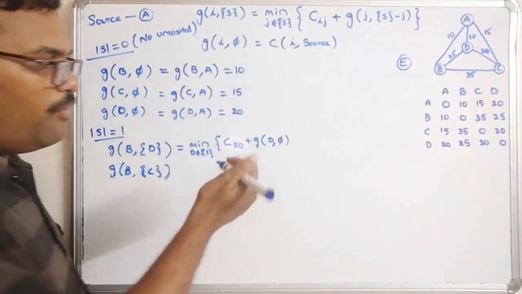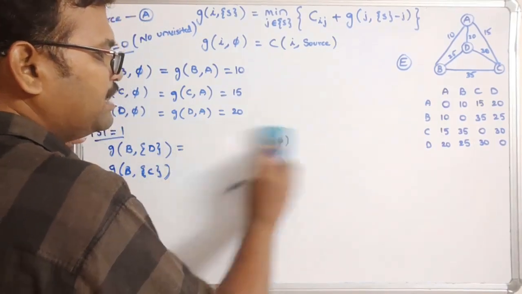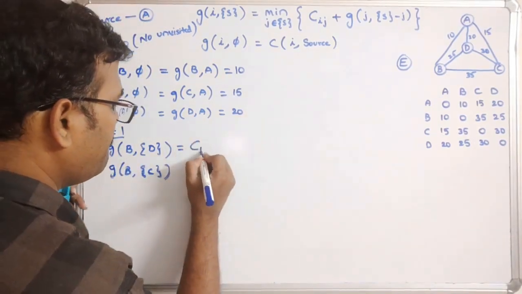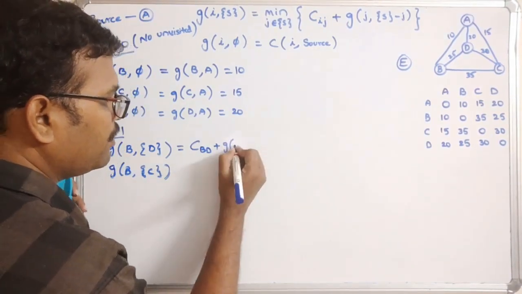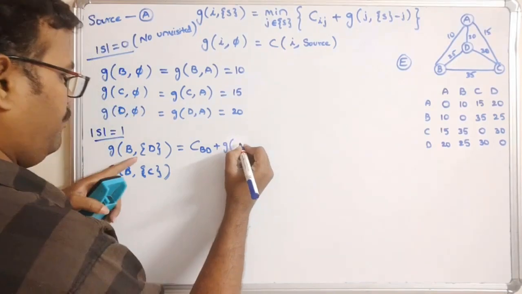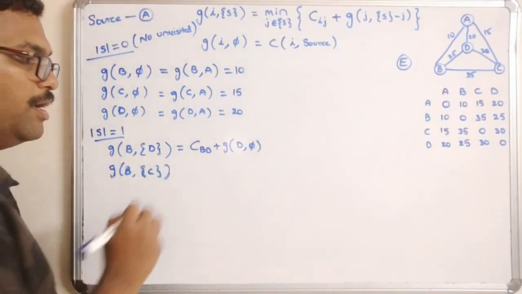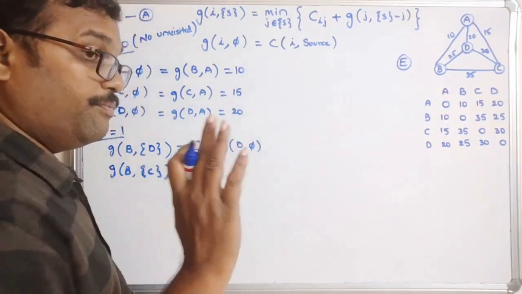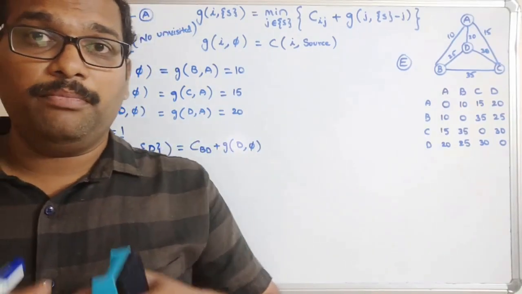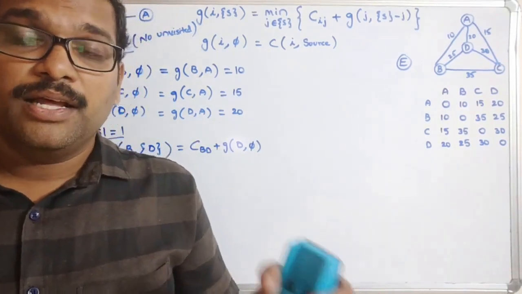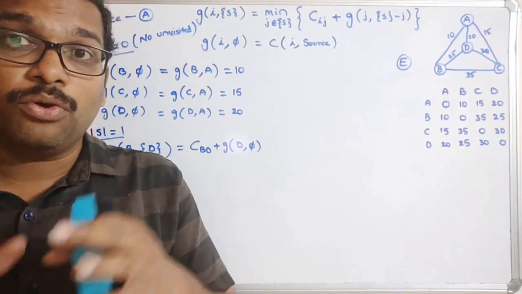So here we are having only one thing, so we can simply write it as cost of edge BD plus G of D comma phi. Okay, so you can see what we have done in dynamic programming. We are dividing the complex problem into sub-problems and we are calculating each sub-problem and storing it in the memory.